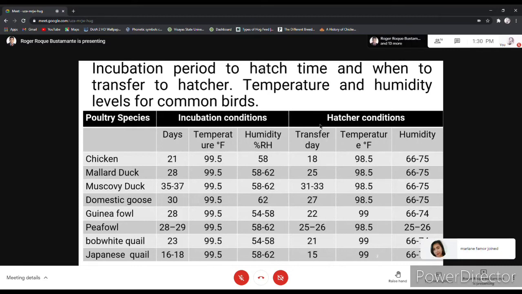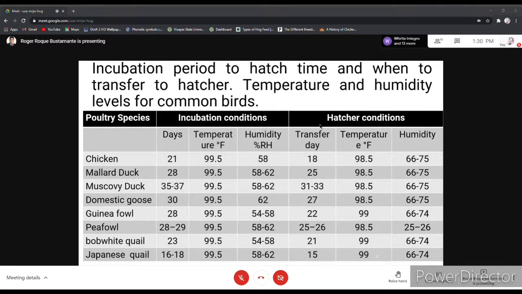Based on the number of days of the incubation period, after 18 days for chicken, you have to transfer your eggs to the hatcher.